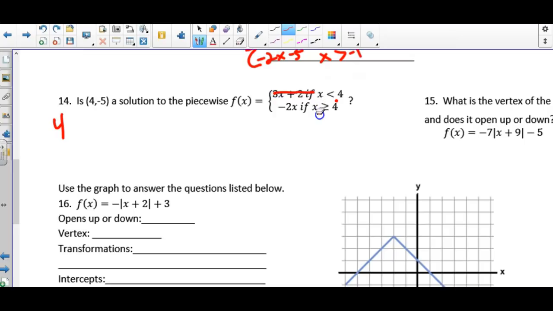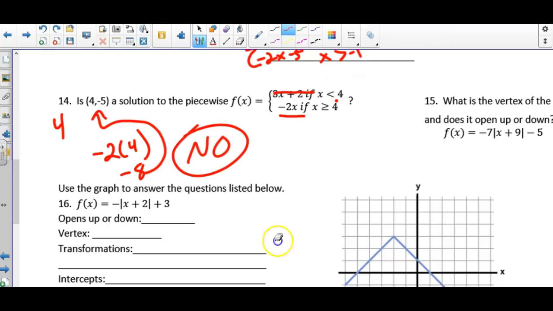So now we ask, is 4 greater than or equal to 4? It is. So we're going to look at this equation right here, -2x. If I take -2 and plug in 4 for x, that's going to give me -8. That does not give me -5. So the answer is no.